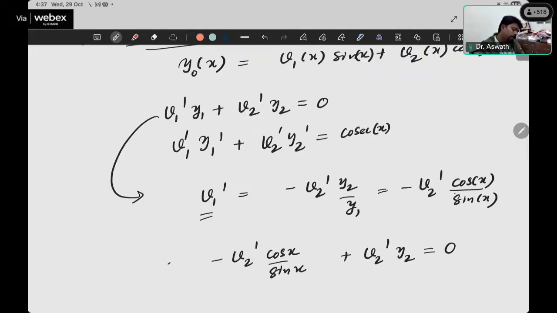In place of v1 prime, I substitute minus v2 prime cos x by sin x, and then y1 prime. y1 prime means the derivative of sin x, that is cos x.